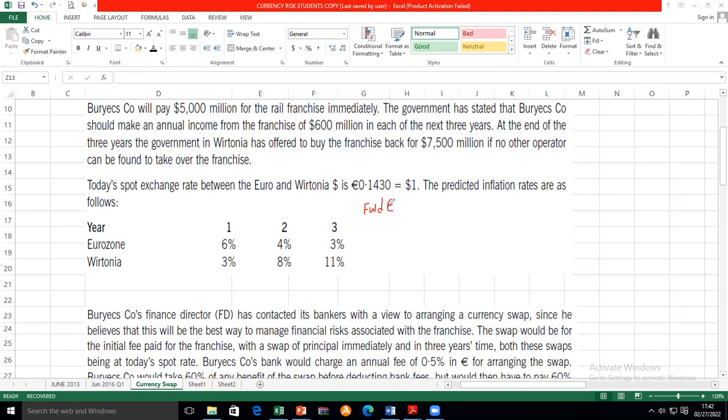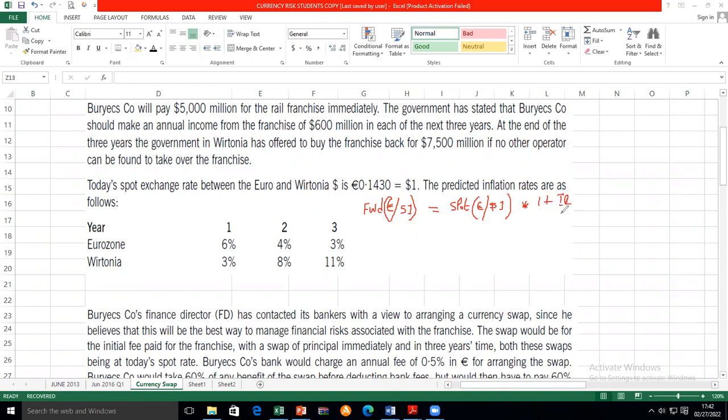These are euros on a single dollar. So that's the format. So you can calculate, we take the spot rate in the format for each euro, multiplied by 1 plus the inflation rate.